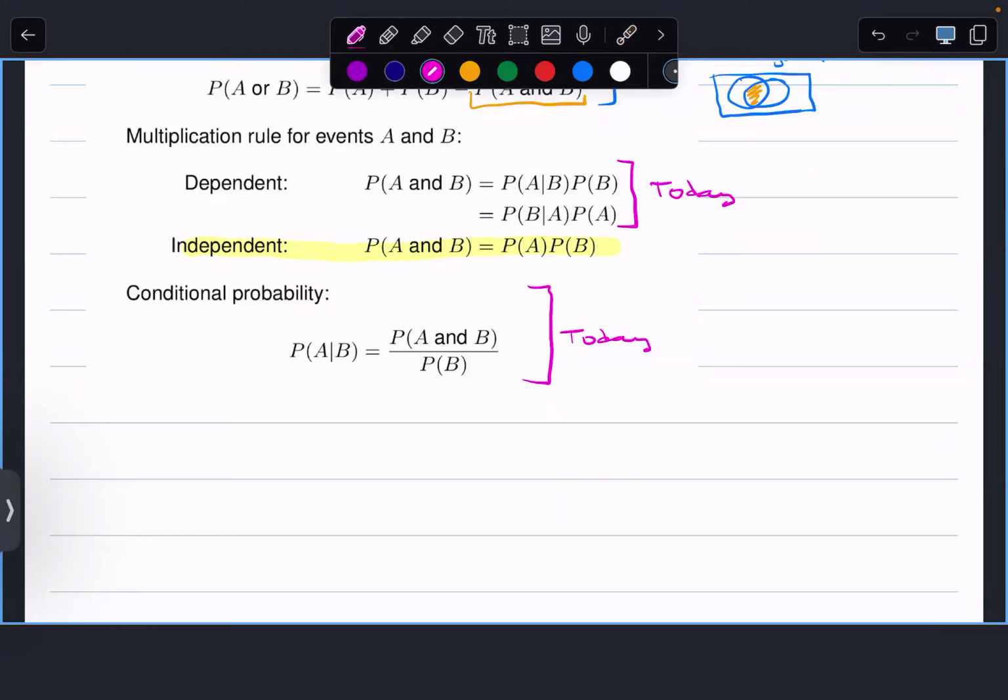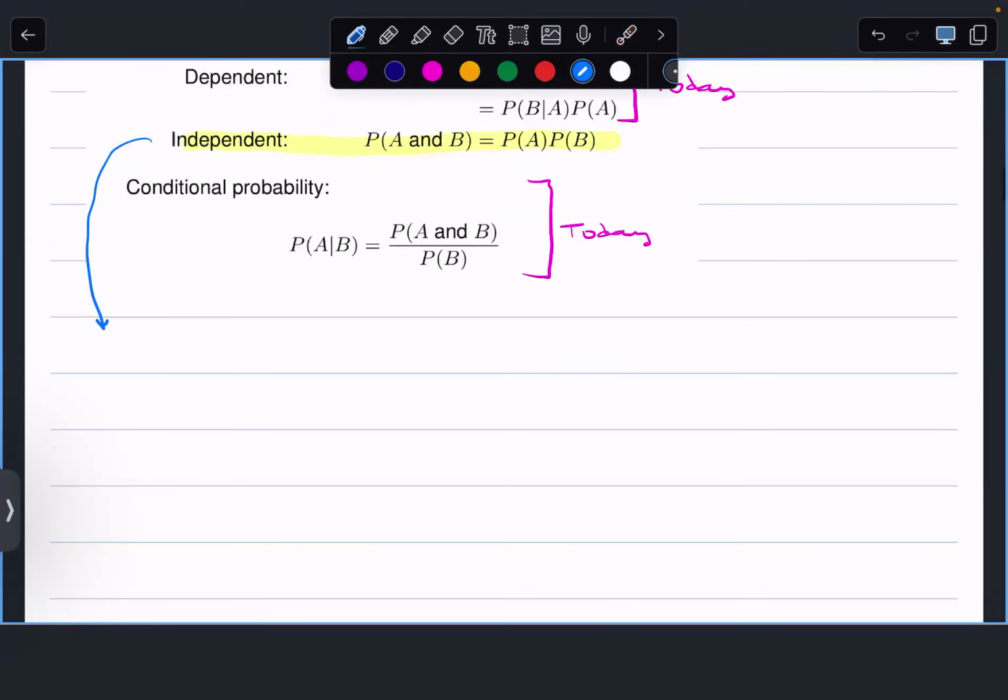So here, I'll say given the probability of A and B, the probability of A, and the probability of B, we can show that A and B are independent events, right?